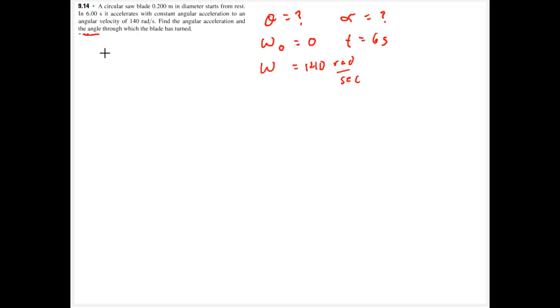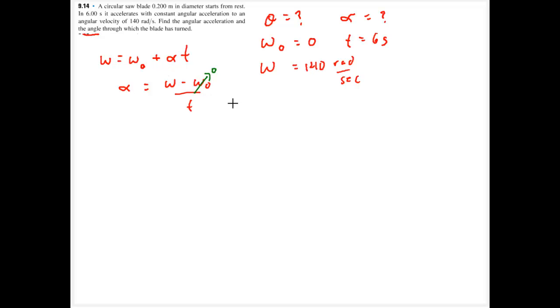So we can first say, okay, angular velocity is equal to initial angular velocity plus the angular acceleration multiplied by time. So the angular acceleration is going to be angular velocity minus initial angular velocity divided by time.